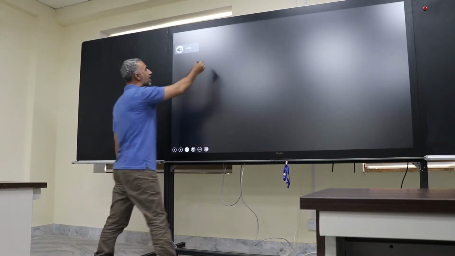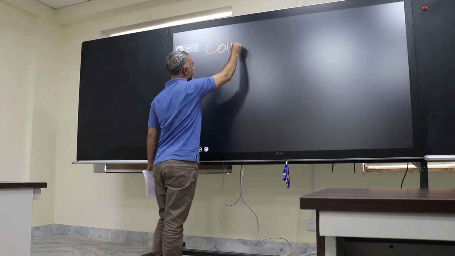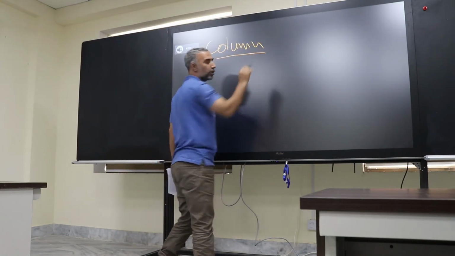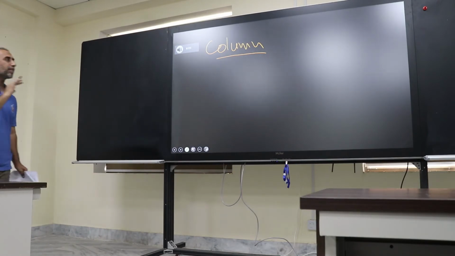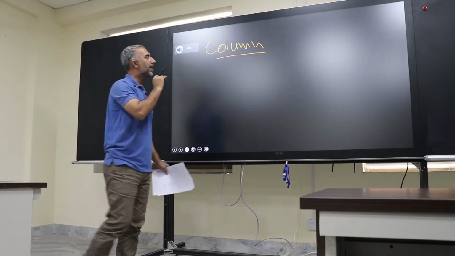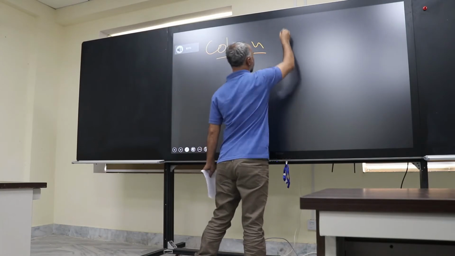Now we can see the column picture. Similarly, you can satisfy the problem with the help of the column picture.